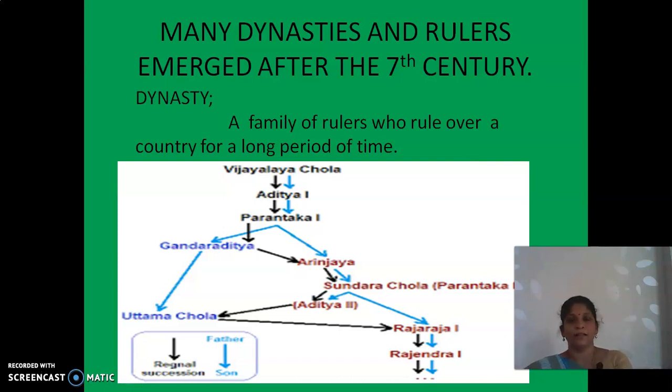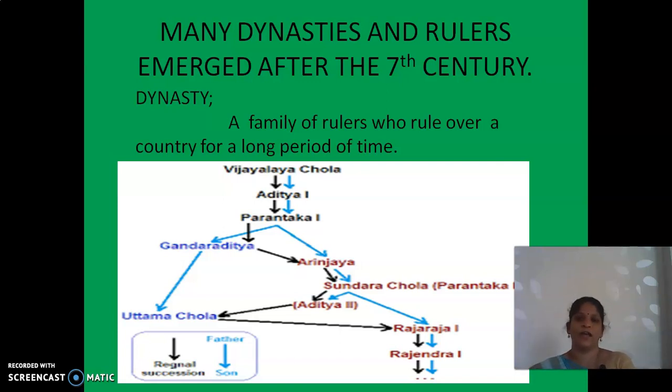In the 7th grade you are learning the medieval history of India, that is 7th century to 17th century. So we are saying what changes happened in the medieval period. The first one is new kings and their kingdoms.